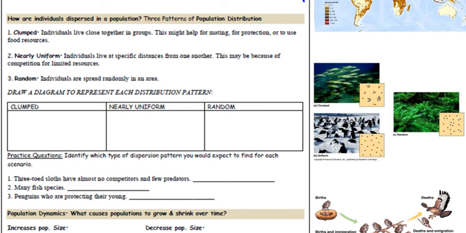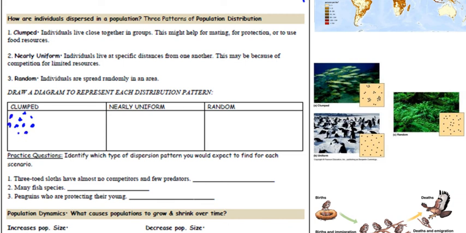A lot of birds will specifically build nests at specific intervals between other nests, just to make sure that there's not too much competition for resources. And then random's random, so it's spread in no particular pattern. So clumped, a herd of deer or a school of fish, that's going to be clumped. So we're going to see something like they're all kind of huddled in one general area.